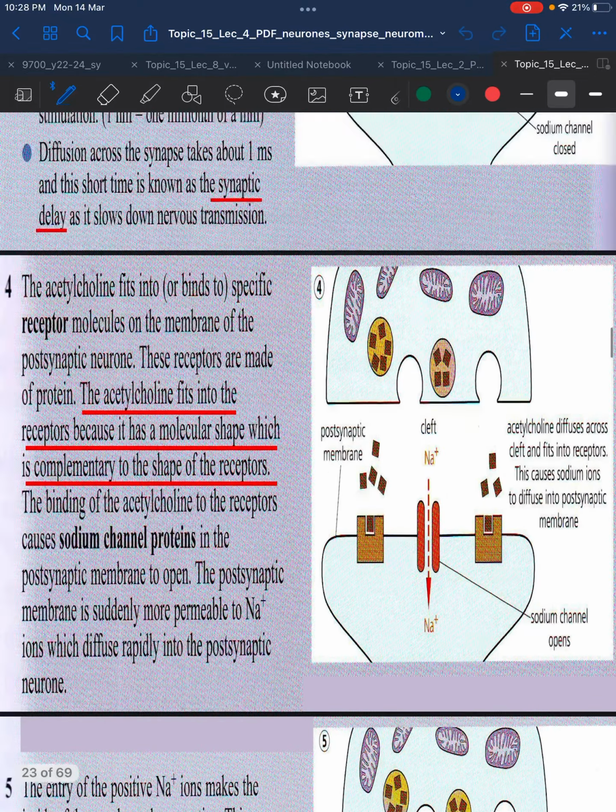So it must reach threshold. The threshold is the second hair. The deflection of the second hair will reach threshold, and that is when the action potential will occur.